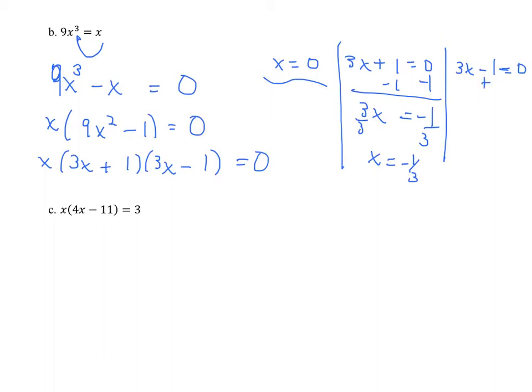And this guy I'll add 1. So I write my little solutions here. 0, comma, negative 1/3, comma, 1/3, and I have squigglies around it indicating it's not an ordered triple like it was when we solved systems of equations.